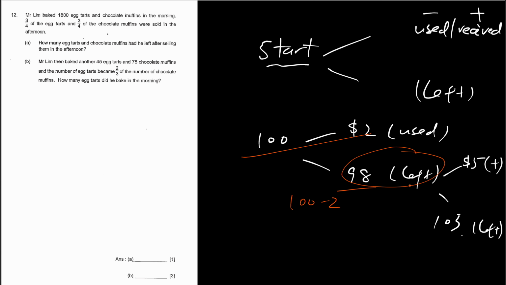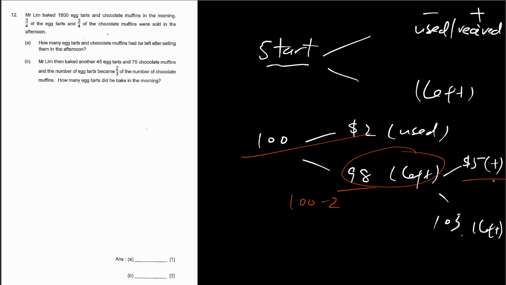Now you have 98 and you receive 5 from somebody. That's why I put a plus there. Can you see a plus? So when you receive $5 from somebody, you plus to where? To the left. No, you plus to which number? 98. Why 98? Are you going to plus to the 2? No. Why not? Because it's referring to the left. Exactly.